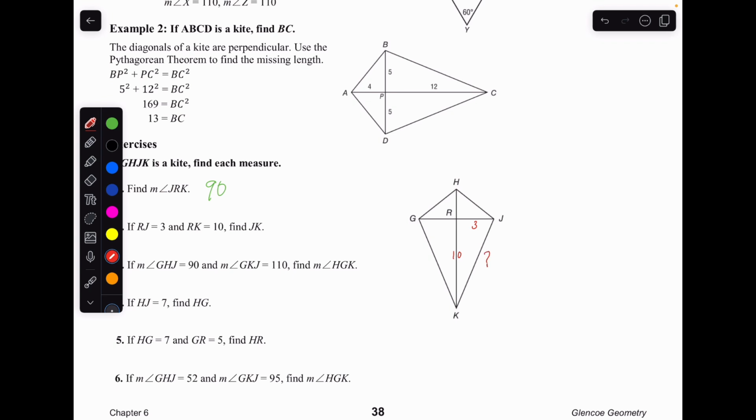Well, I have a 90-degree angle right here. So to find that, all I need to do is apply a little bit of the Pythagorean theorem, and it's going to be 3 squared added to 10 squared, and this is going to give me 109, square root of 109. That's it for that problem.